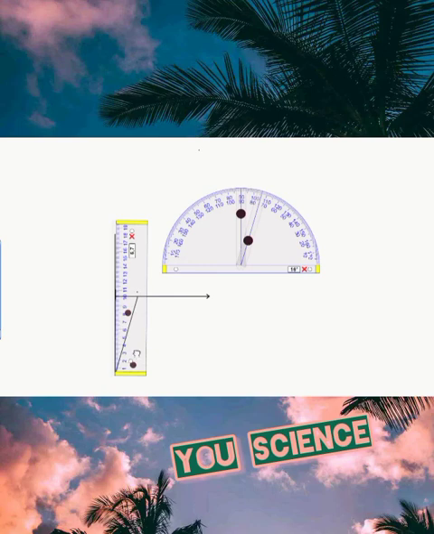So I have to move this down a bit to ensure that this is at the tip here. So I have this, this is 5.